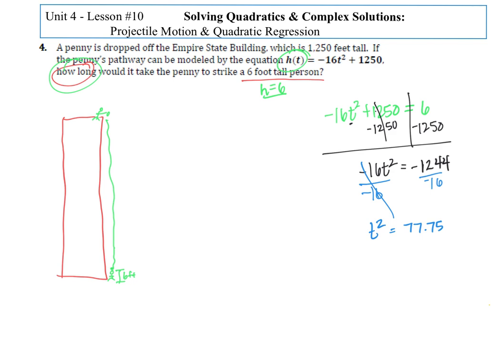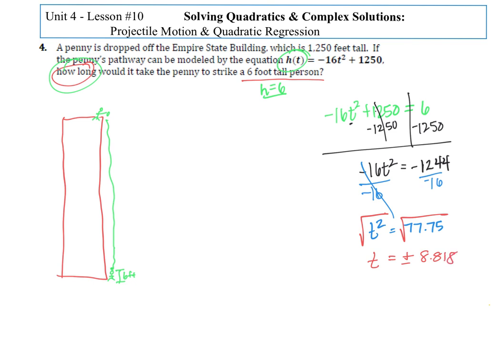And I know I've told you in the past, don't take square roots of decimals, but apparently the only time we can is when we're dealing with real life situations, which again, most of the time in math, we're just dealing with regular equations. So here, decimals are fine. To solve for t from t squared, we're taking the square root of both sides. So t is equal to plus or minus 8.818.